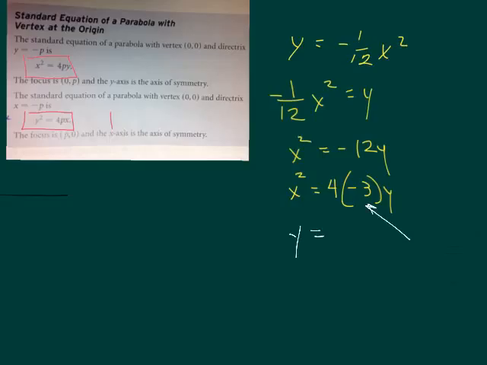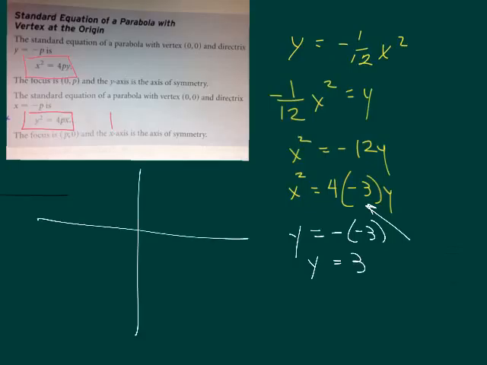Well, there's my p. So my directrix is going to be a negative, and my p is negative 3, which gives me my directrix being y equals 3. So actually what I've got is a directrix that is at 3. 1, 2, 3. So I've got this as my directrix.